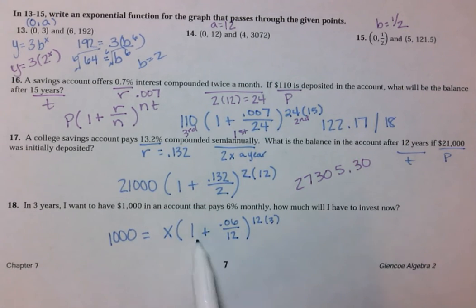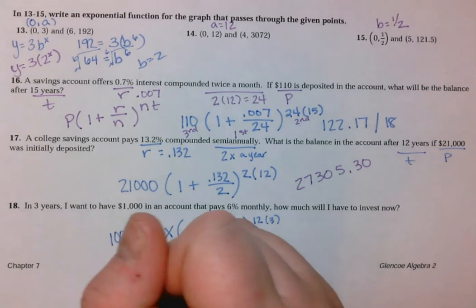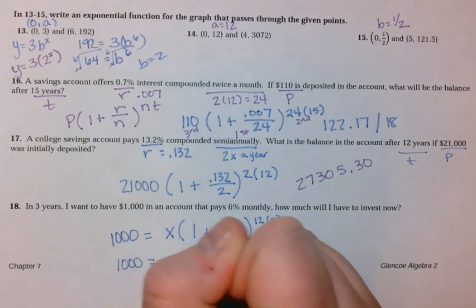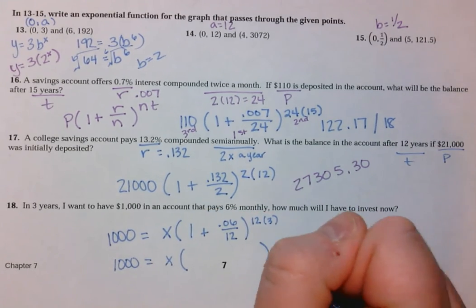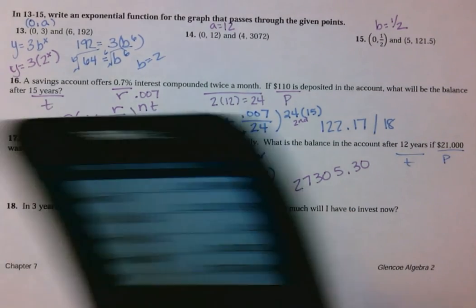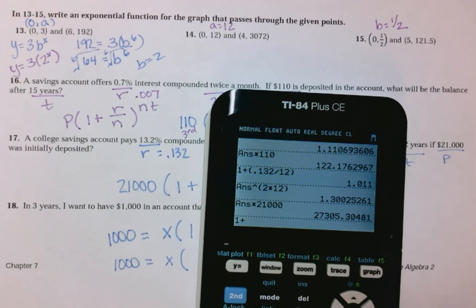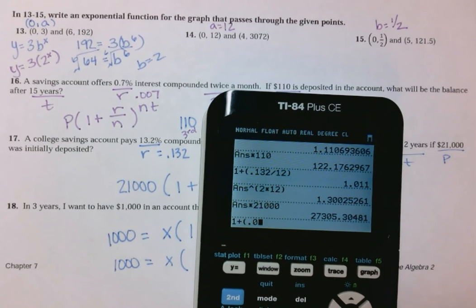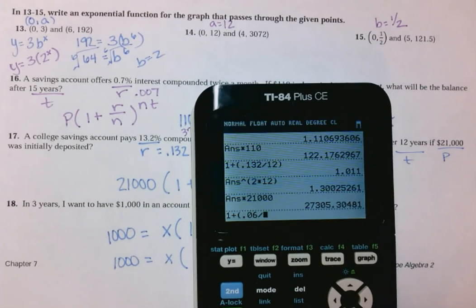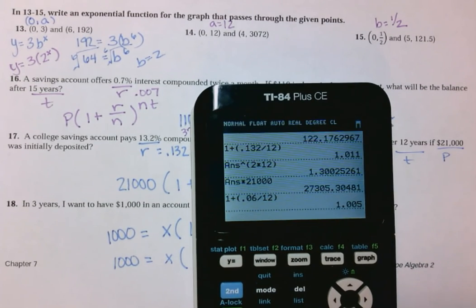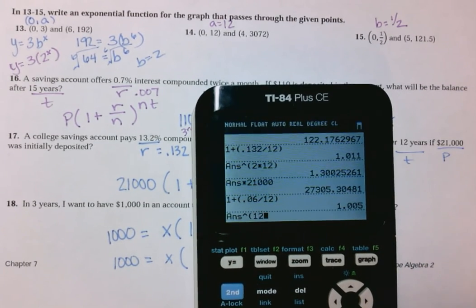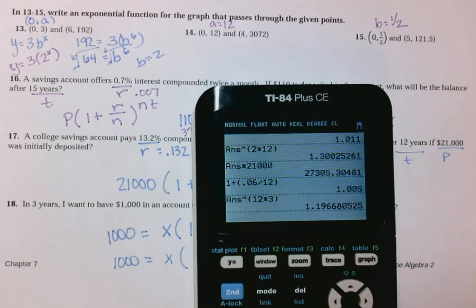So the first thing to do is figure out what this value is. So 1,000 equals X times, and I'm going to get that answer from my calculator. So 1 plus parenthesis 0.06 divided by, we're going to do it monthly, 12, enter, caret, 12 times 3, because they're going to do it in 3 years.